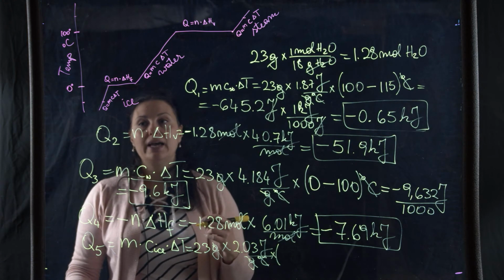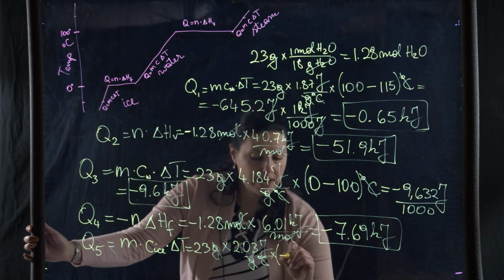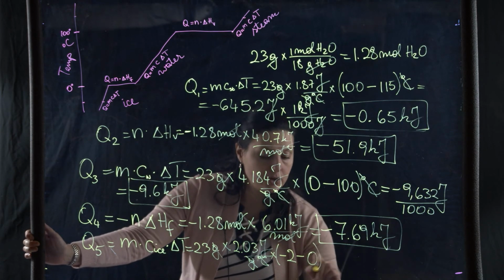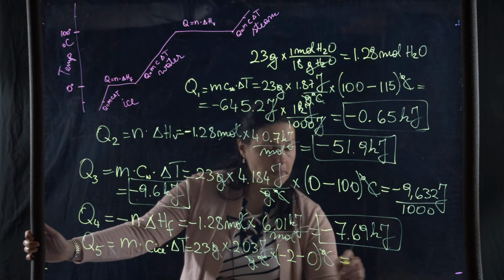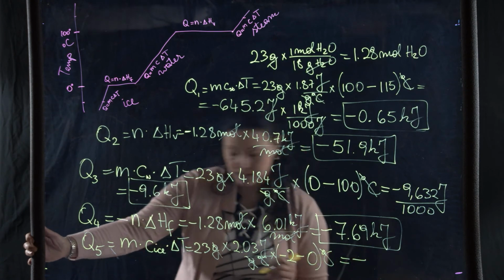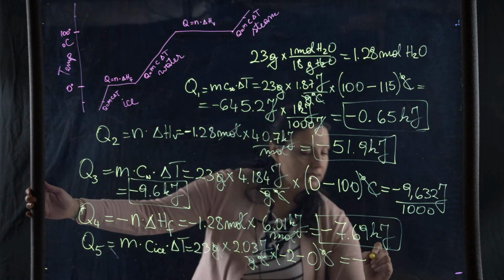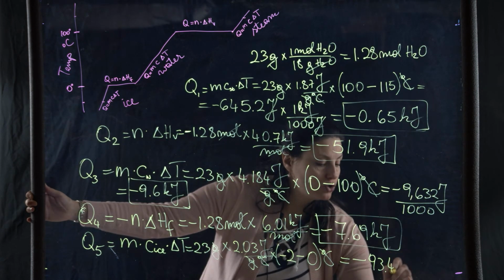Now let's talk about the change in temperature. My final temperature is minus 2, so minus 2 minus my initial temperature, which is 0. So this is going to give me minus 2. And once again, that's going to be a negative number, and it's going to be minus 93.4 joules.